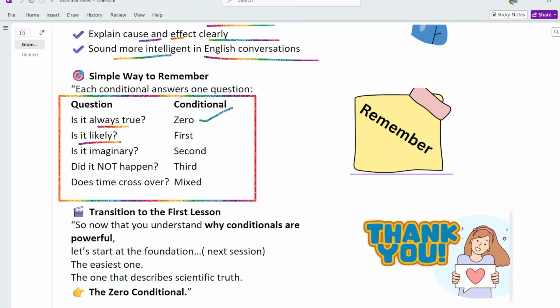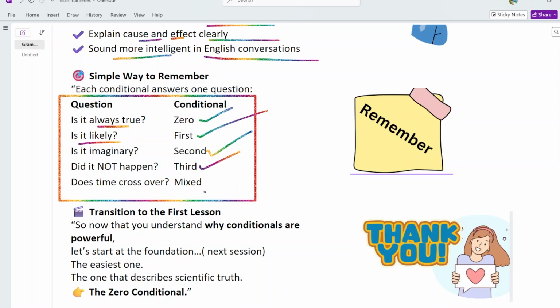If it is likely, like if it's likely to rain, things like that, it's the first conditional. If it is imaginary, or it's something that you're imagining and it's not real, also known as a hypothetical situation, then it is the second conditional. And if it did not happen, the situation really didn't happen, then it's the third conditional.